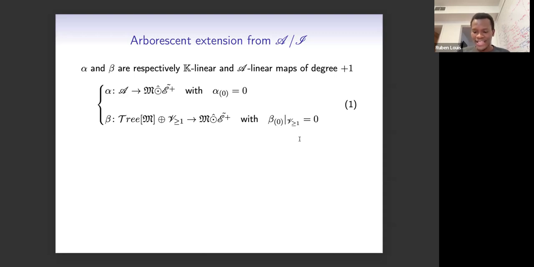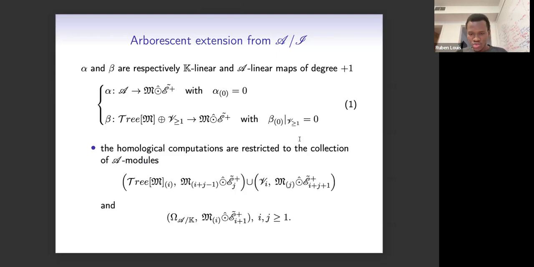And then we say that this construction is restricted to some family of modules if we only need to lift for those modules. For example, here the computations are really reduced, restricted to this collection of A modules.